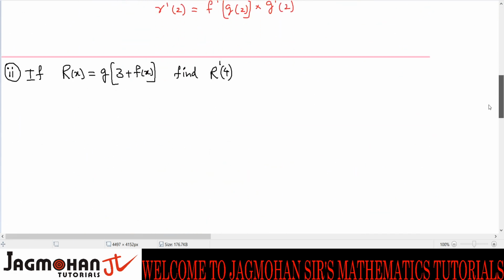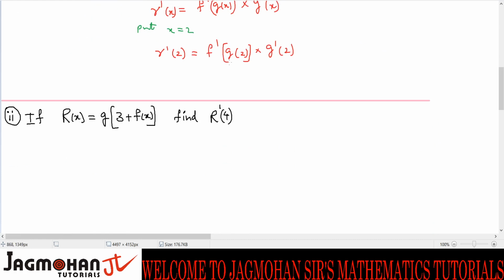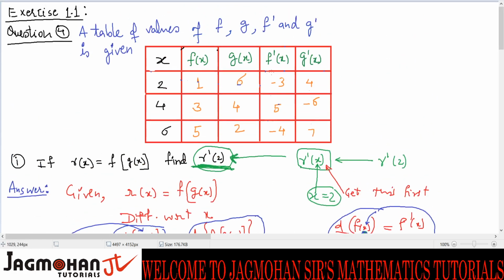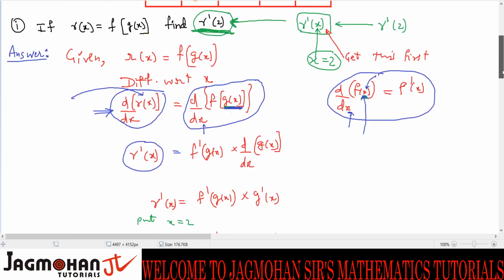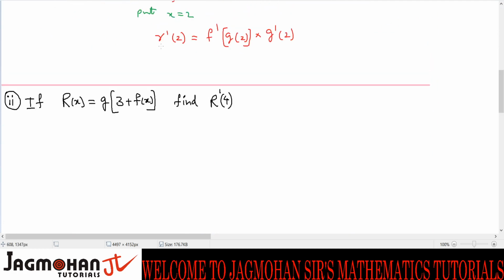And what is g of 2? G of 2 is 6. So I substitute. So here I will get f dash 6 and this is 4.